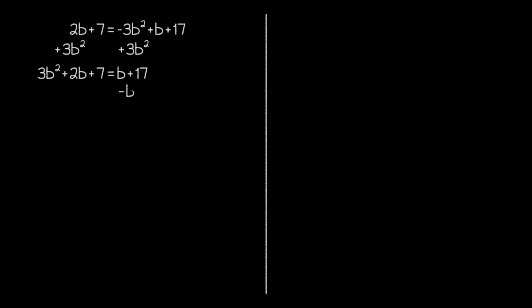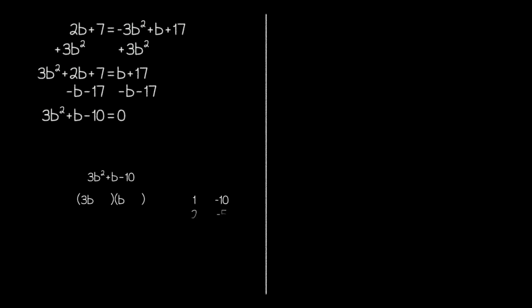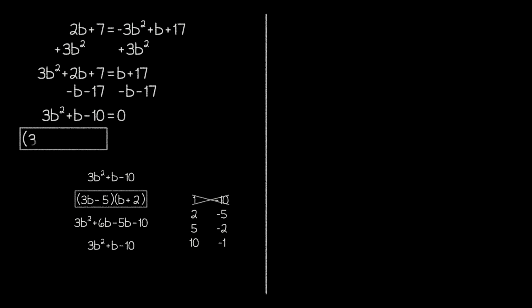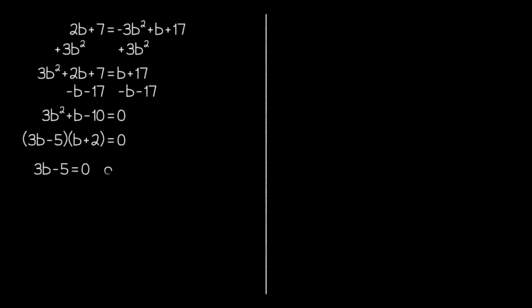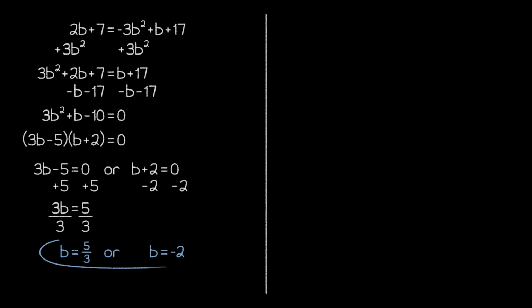While this won't change the answers we get, this will make factoring a bit more convenient, so let's follow this path. From there, however, we still have to go through the challenges of factoring an expression with a leading coefficient that isn't 1. When we eventually get this factored form, though, we can finish the problem off by setting each factor equal to 0 and seeing that b can be equal to 5/3 or -2.